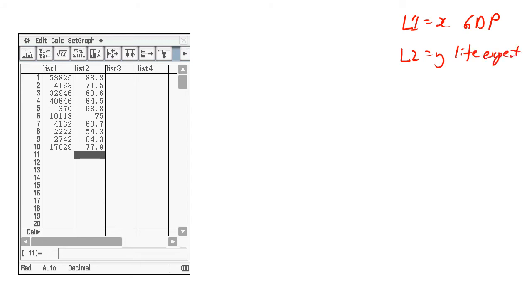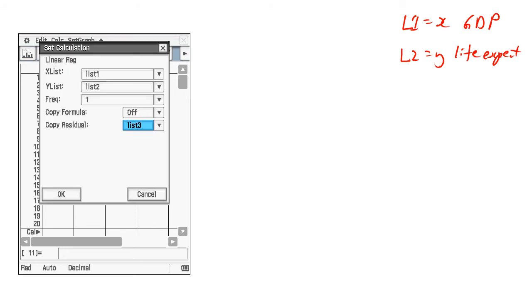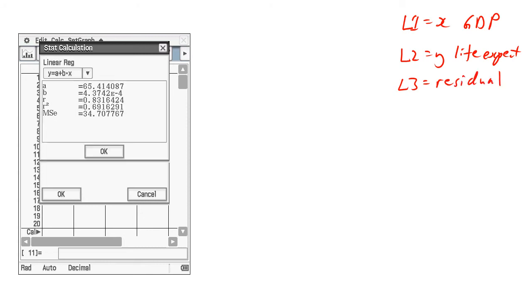All right, and so we do the usual thing. Oh, of course, residuals into list 3. And there we go. So no transform, r equals 0.832.